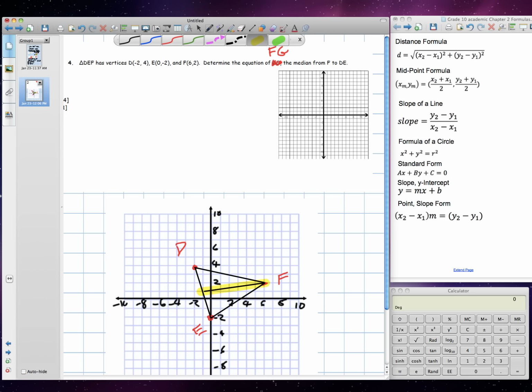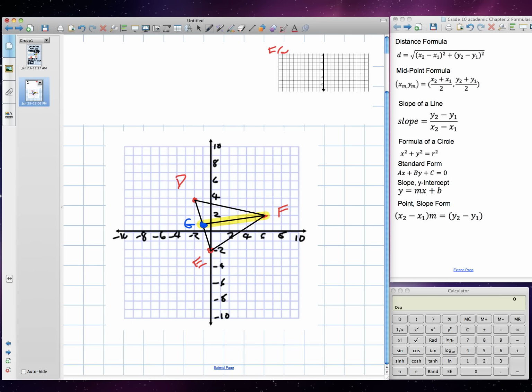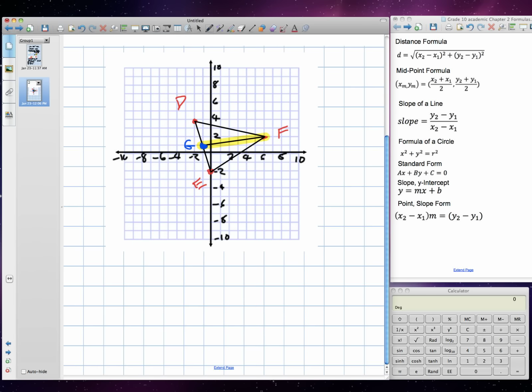So the very first thing I need to do here is what? Find the midpoint of D and E. Okay, so we need to find the midpoint of D and E. I'm going to scroll down here. We have our midpoint formula. Remember, D was at -2 and 4, and E was at 0 and -2.